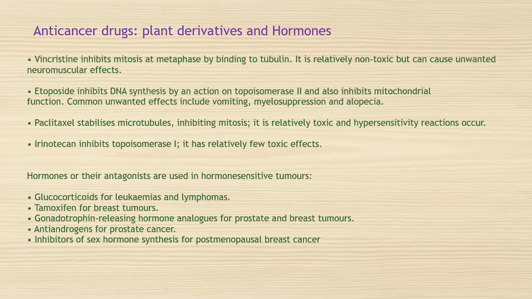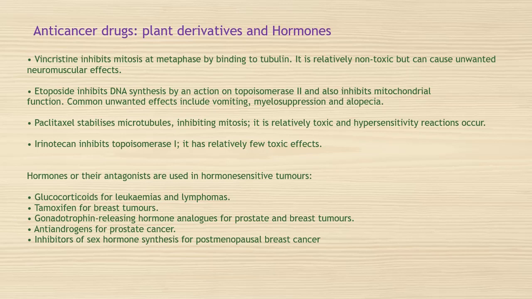Or tamoxifen. Now this drug is used for breast tumors because in case of breast tumors, estrogen is the main hormone which will favor estrogen dependent breast tumors. So tamoxifen will have the opposite action of estrogen. Or gonadotrophin releasing hormone analogs are used for prostate and breast tumors.